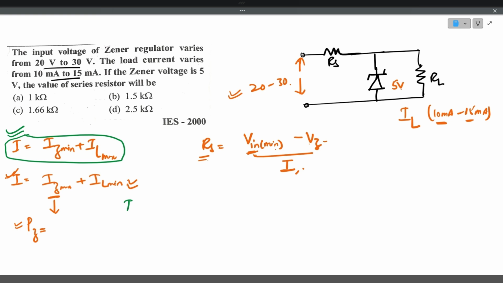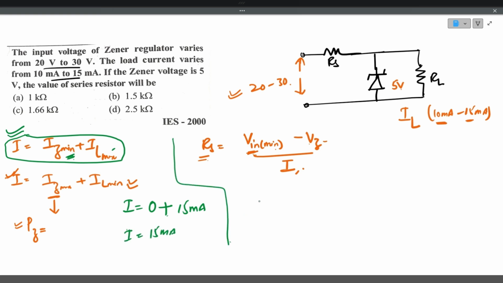What is the minimum Zener current? That is not given here, and it is not specifically mentioned that the knee current of the Zener diode is this much. So when it is not specifically mentioned, you have to assume Iz minimum as 0. So I'm assuming it as 0 plus IL maximum, given as 15 milliamps. So current I equals 15 milliamps.